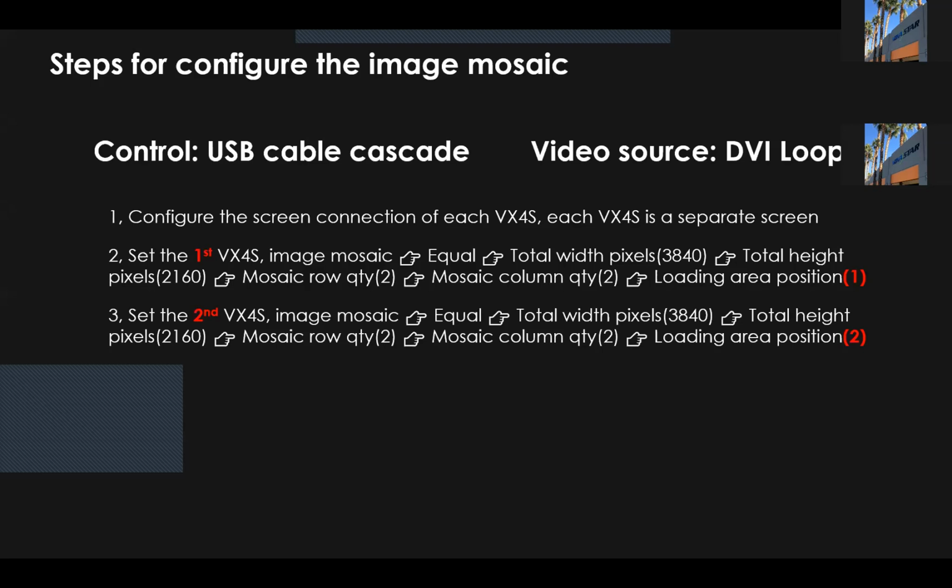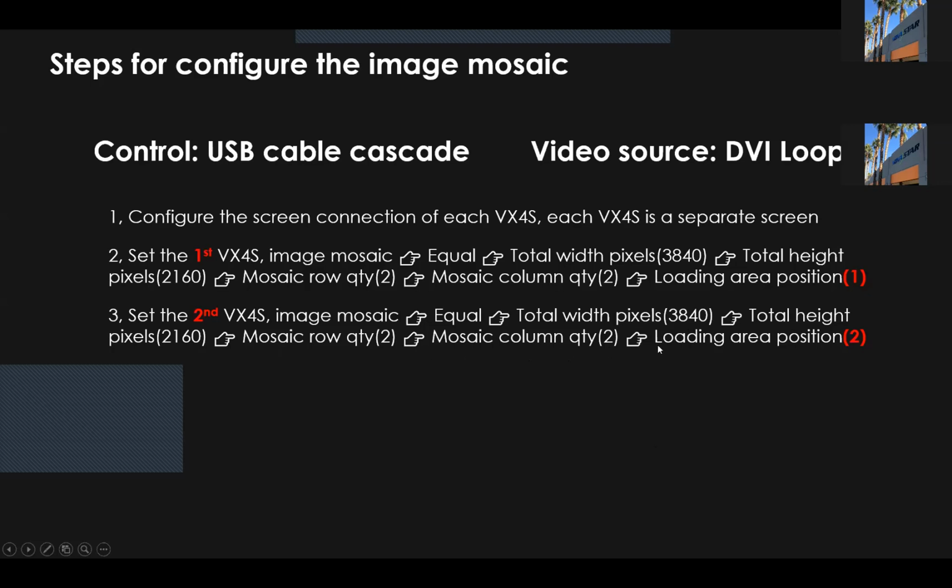Let's see what we have to do for the second VX4S. It's really hard to find a difference except the loading area position, because all the settings should be the same, even the equal, the total width pixels and total height pixels, the mosaic row quantity and mosaic column quantity.